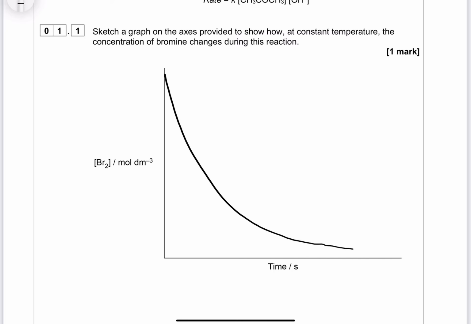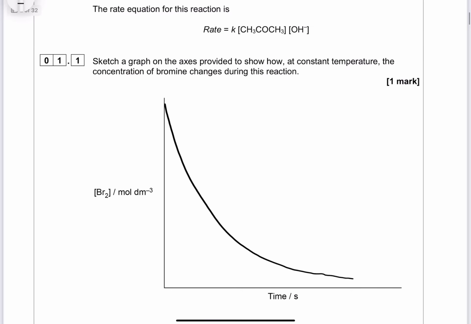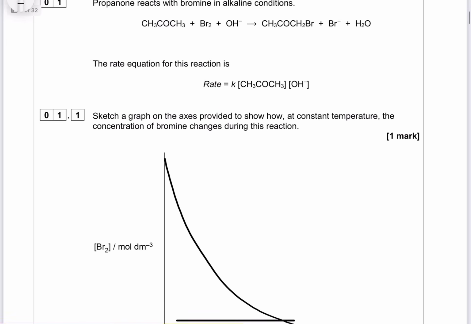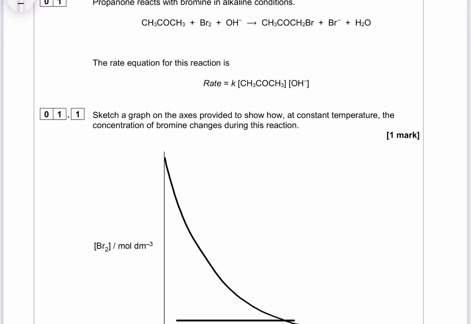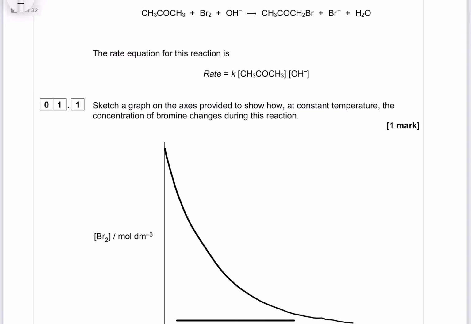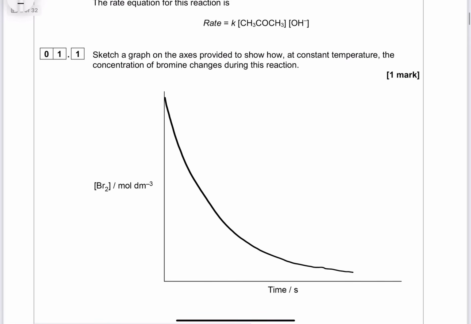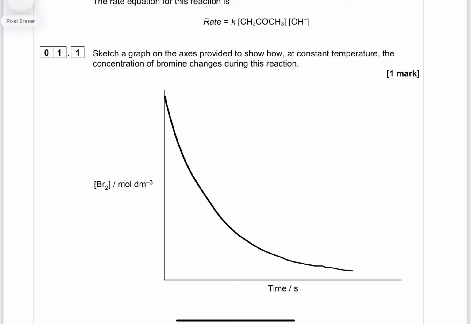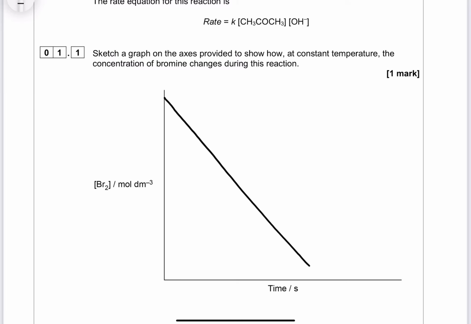What the problem was is this is the curve that's true when all the concentrations are maybe similar, but students could have misinterpreted this question and looked at the rate equation, and when you see that bromine's not there and bromine's zero order, you may be tempted to draw the graph that shows zero order, which is a straight decreasing line like this.